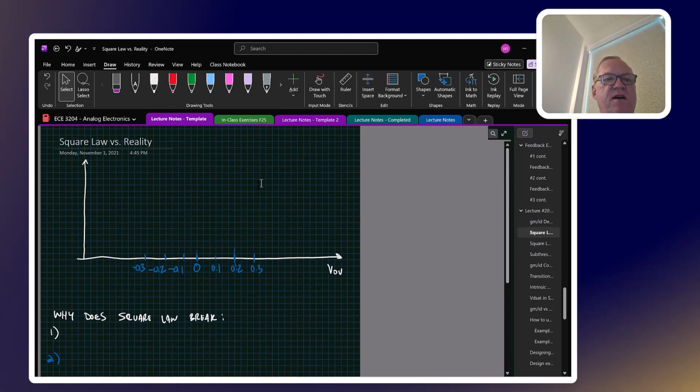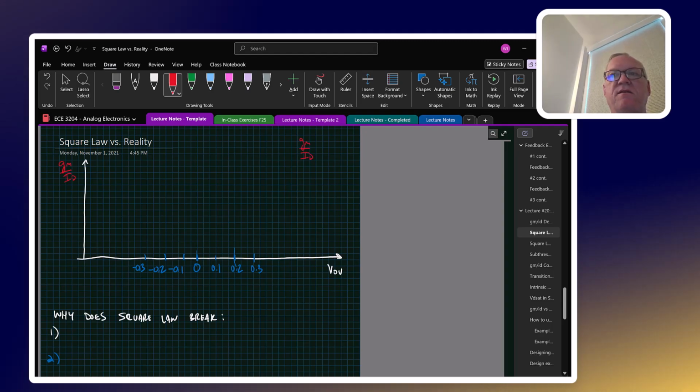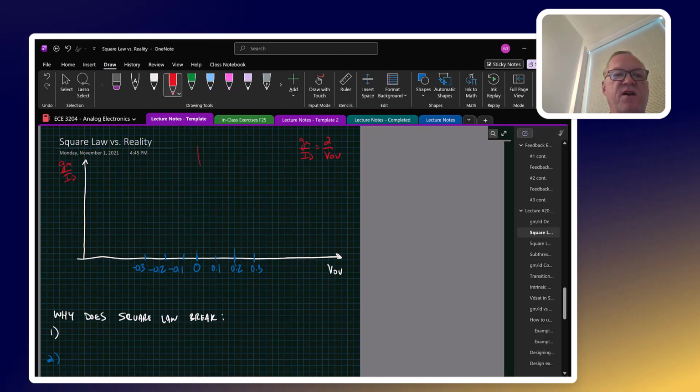Okay, so let's look at how the square law diverges from reality. Our prediction of the square law tells us that if we were to plot gm over ID on a graph, and we know that gm over ID is equal to 2 over VOV, that tells us that as VOV approaches 0, our gm over ID tends towards infinity, and then it goes down as an inverse of the overdrive voltage.